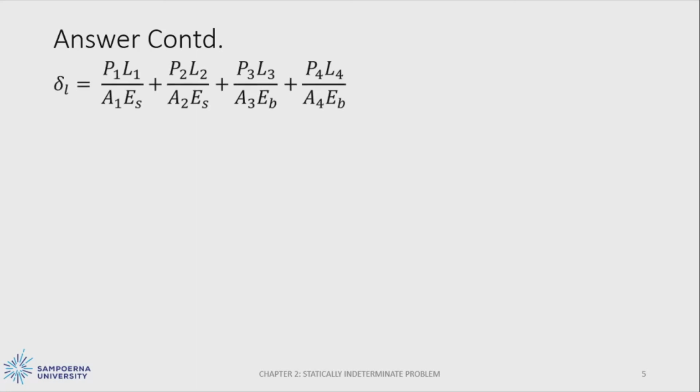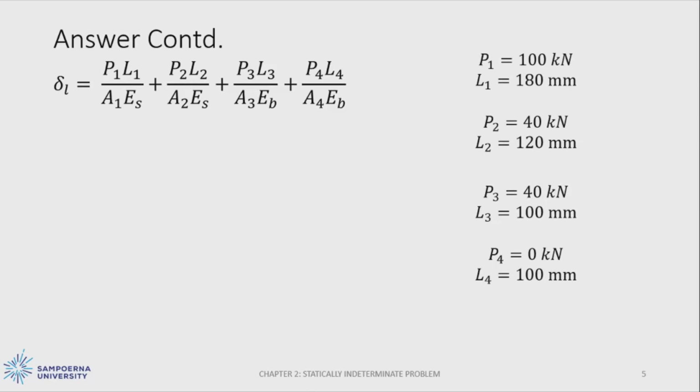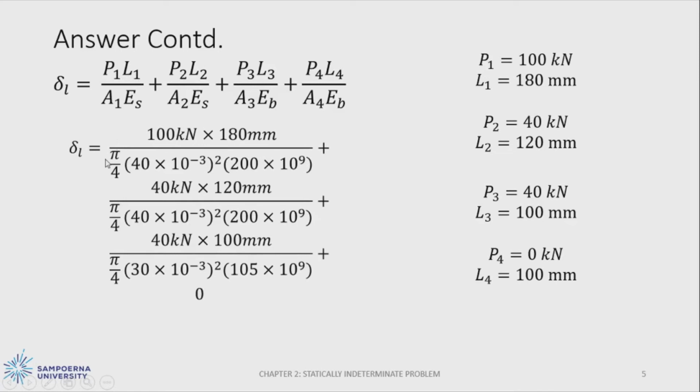Then, to find the total deformation occurring in the system, we add up the deformation of each part from the known data we obtained before, like the P1, L1, and the others. We just insert them in this equation, where 100 kN times 180, and this is the cross-sectional area.